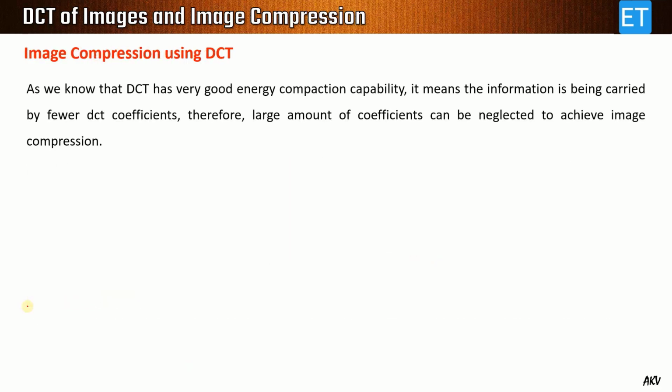Now let us see image compression using DCT, how we can actually achieve image compression. As we know, DCT has very good energy compaction capability. It means the information is carried by fewer DCT coefficients. Therefore, a large number of coefficients can be neglected to achieve image compression. That is the fundamental behind the compression.